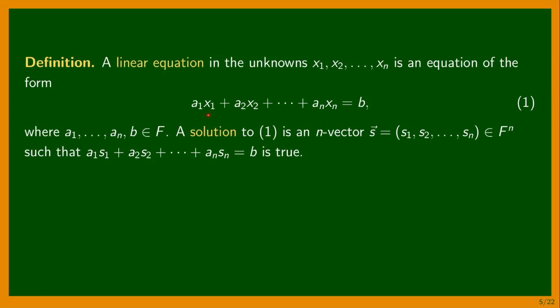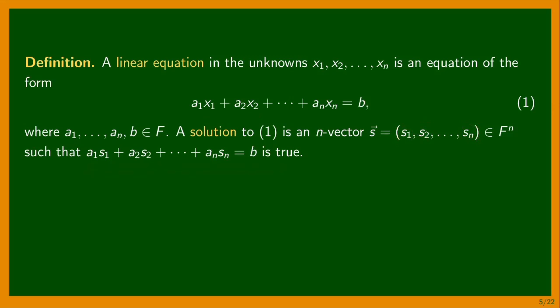Hence, because there is more than one unknown in this case, a solution could be represented by an n vector. So, formally, a solution to this equation is just an n vector of scalars. So now this is an n-dimensional vector, or an n vector, so that if we substitute s1 to x1, s2 to x2, sn to xn, this makes the equation true.